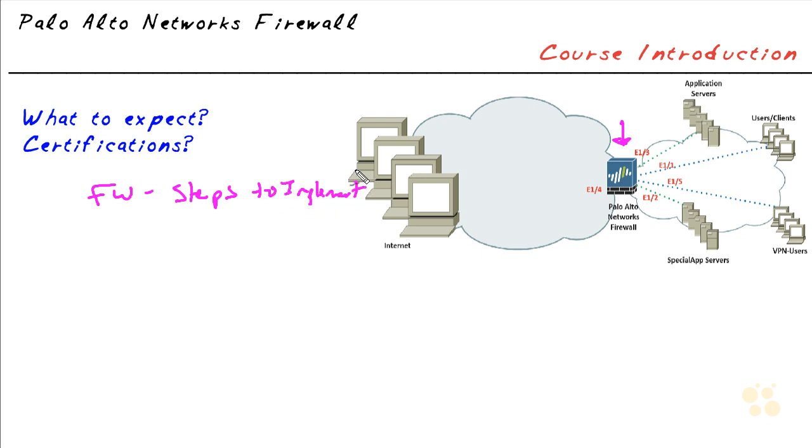Now we've broken this all nicely down. You can look at the video outlines, and we'll see all sorts of things from administration and management, and interface configuration, layer 3 configuration, App-ID, Content-ID, User-ID, decryption, VPN, high availability, and Panorama. So we're going to cover the whole gamut of things, and there are reasons for that I'll get to.